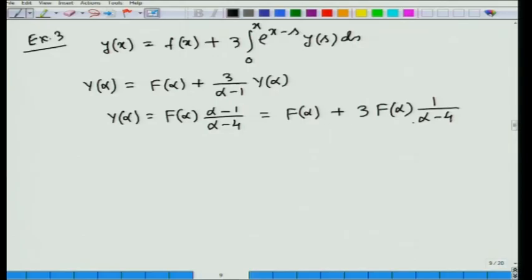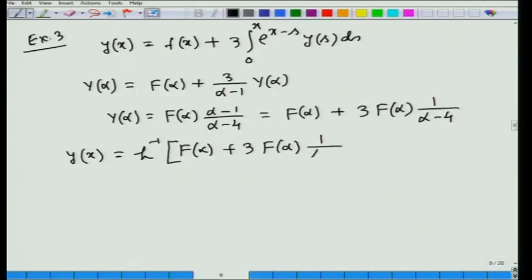So, now F(alpha) comes into this part, and from here if we take the inverse Laplace transform of both sides, then y(x) is equal to the inverse Laplace transform of F(alpha) plus 3 F(alpha) multiplied with 1 by (alpha minus 4).